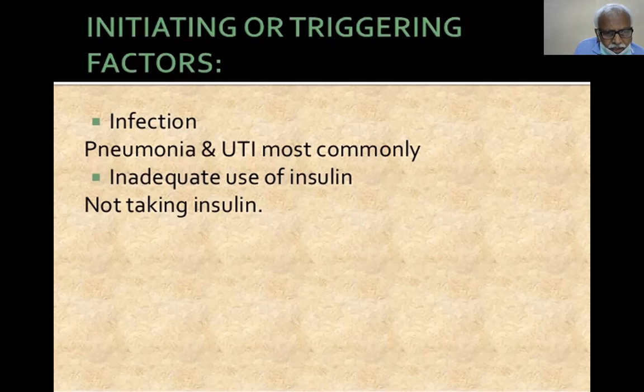And there is inadequate use of insulin, and most of the people will not have sufficient amounts of insulin in their refrigerator. They will tell their children repeatedly, but the children will be very busy. They will say definitely I will bring it, but they will forget at the end of the day. So inadequate use of insulin may also be due to the carelessness of the patient.